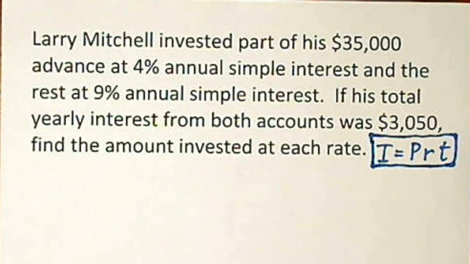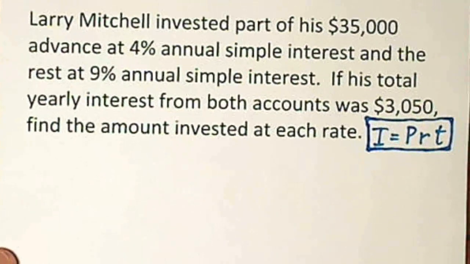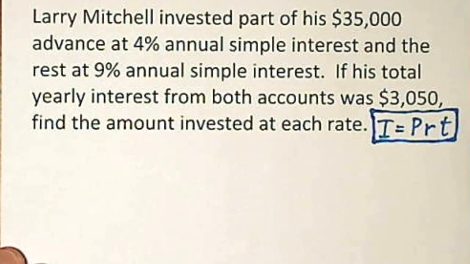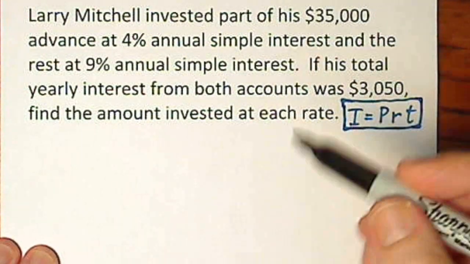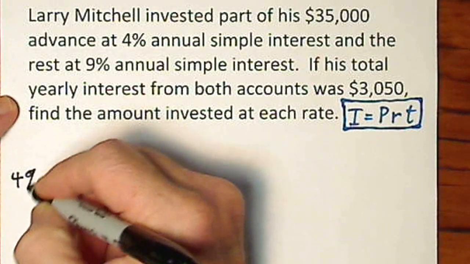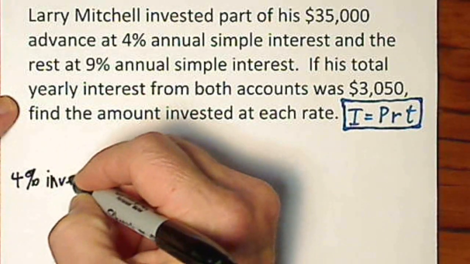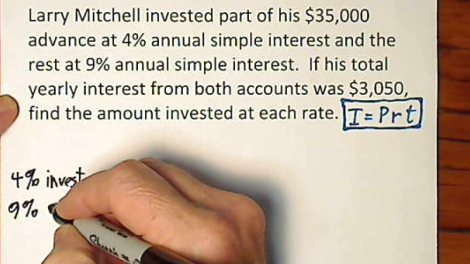Alright, so let's see if we can get our categories situated here. We have a 4% investment and a 9% investment. I'll zoom out just a touch. Okay, so we have 4% invest and 9% invest.